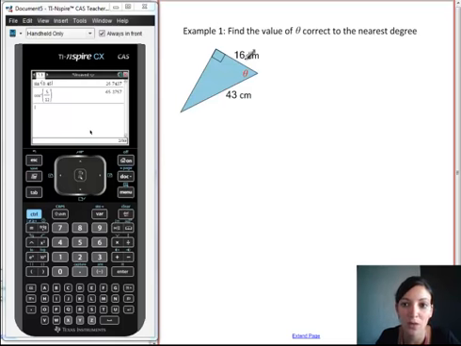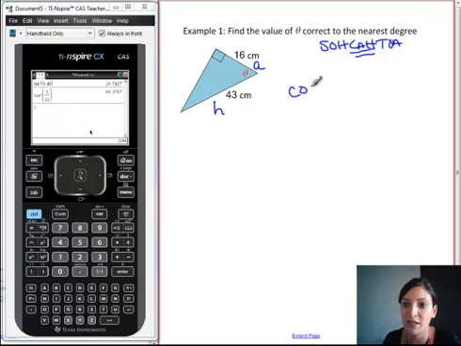So I'm going to write out my word here, SOHCAHTOA, and I can see that because I've got the adjacent and the hypotenuse, the trig ratio I want to use is cosine. So let me write my ratio out. The cos of theta is equal to the adjacent over the hypotenuse. And then I'll just substitute the values that I know.